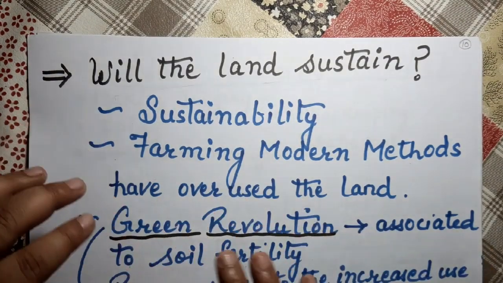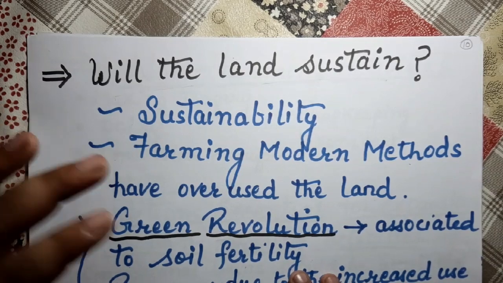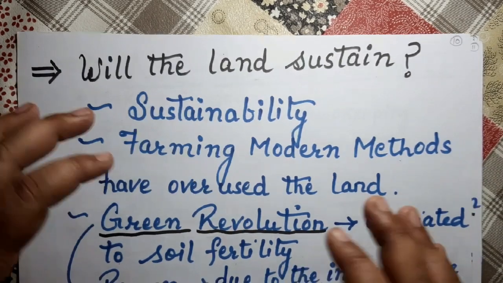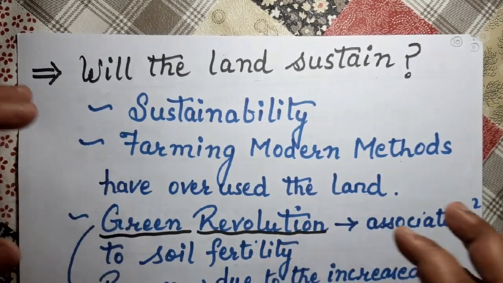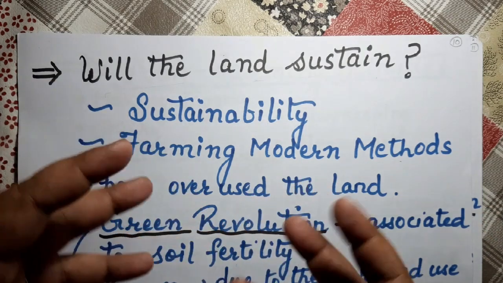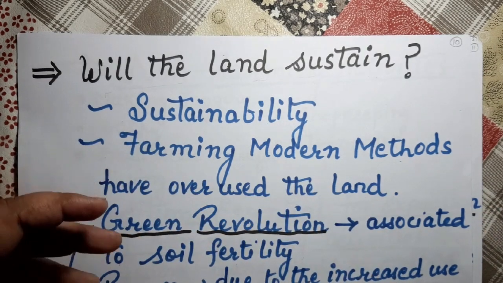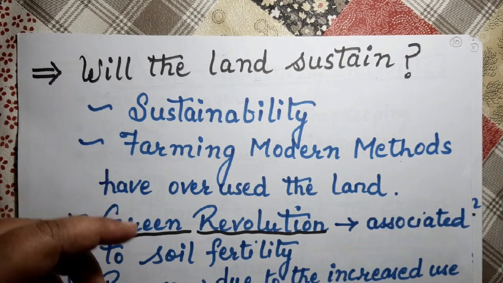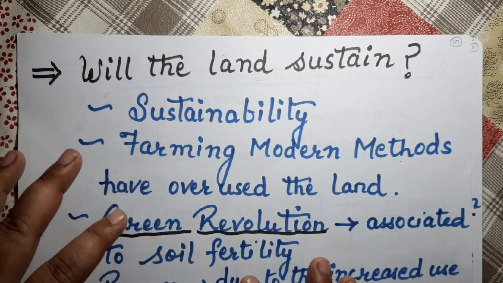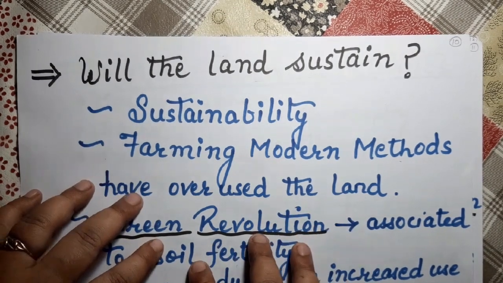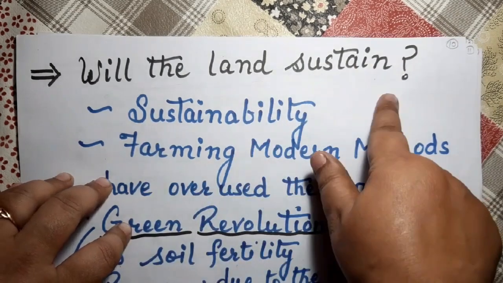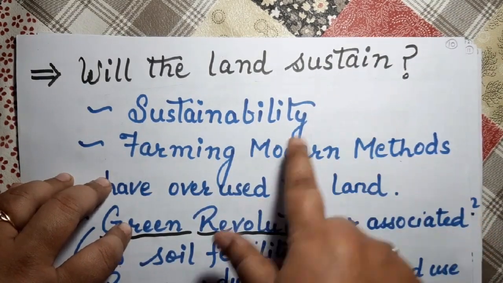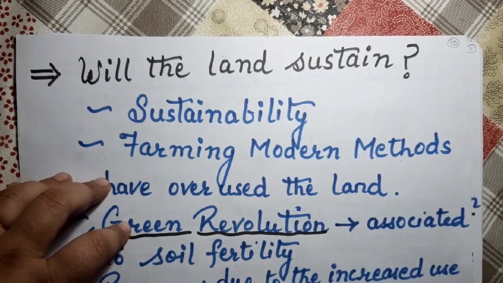Now, as you studied about green revolution, lots of chemical fertilizer, pesticides and insecticides are used. So the question in front of you is, will the land sustain? Here we will talk about the sustainability of resource.